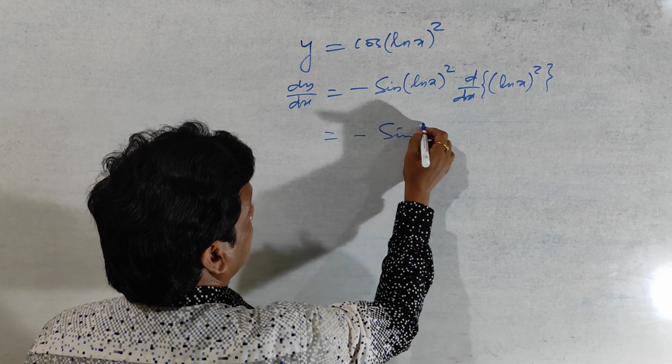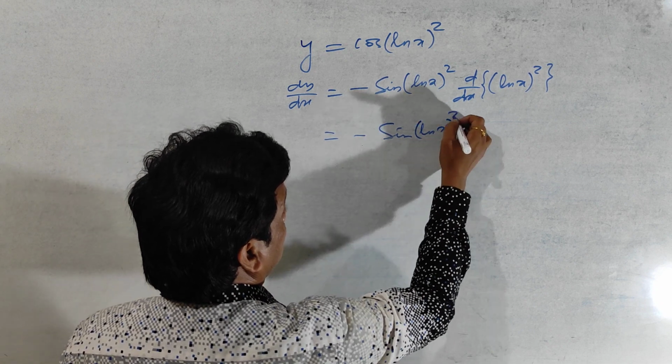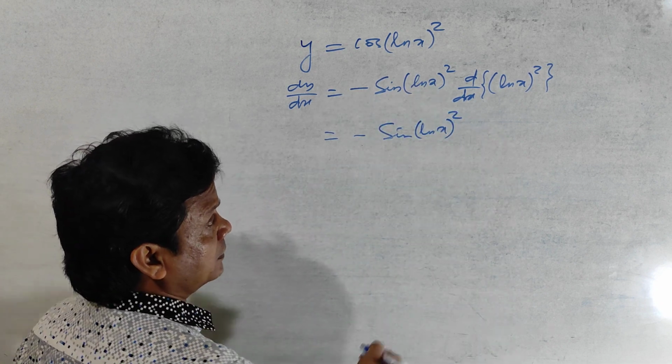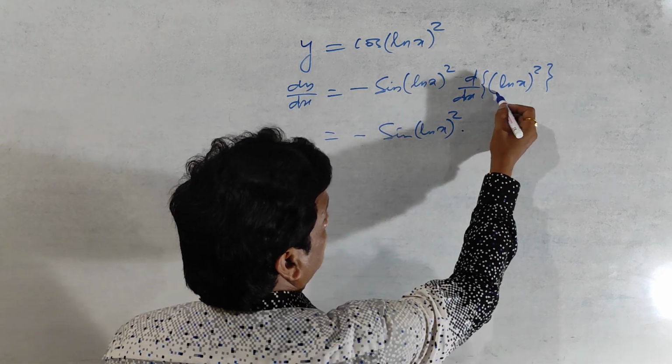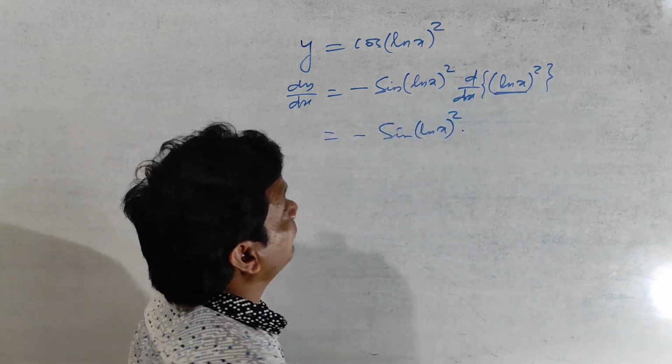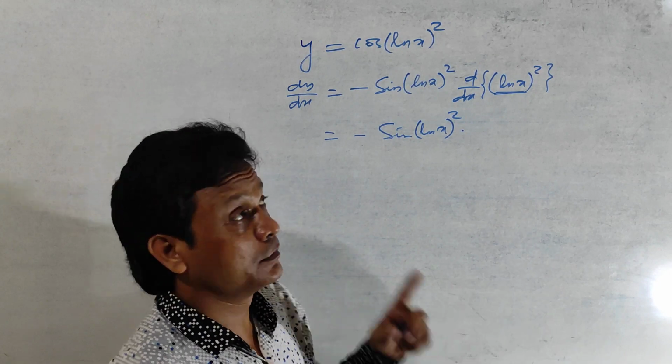Minus sin of square of ln x into, it is in the form of u to the power n. Clear?